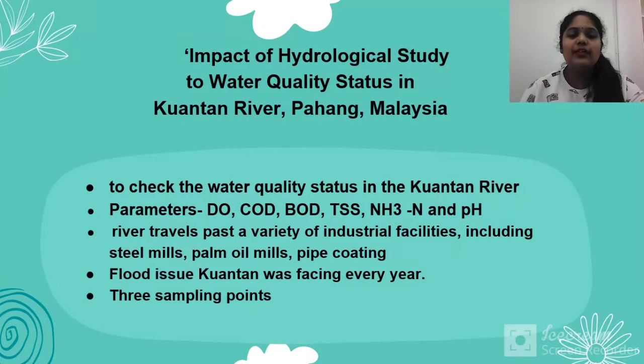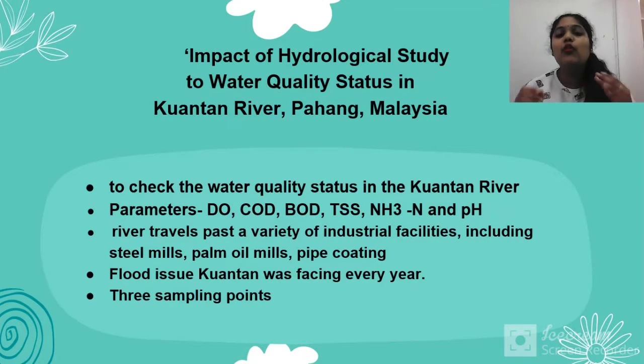As I told earlier, we are going to do a case study on the impact of hydrological study to water quality status in Kuantan River, Pahang, Malaysia. This study was conducted to check the water quality status in the Kuantan River.